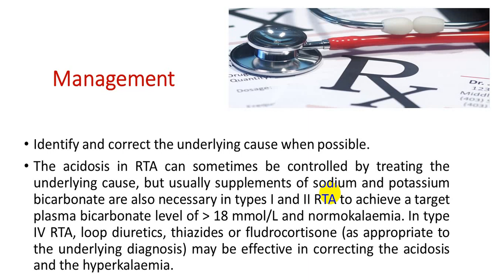In type 4 renal tubular acidosis, loop diuretics, that are potent diuretics, the thiazides or fludrocortisone, as appropriate to the underlying diagnosis, may be effective in correcting acidosis and hyperkalemia. And by the way, hyperkalemia is lethal. Hyperkalemia is risky to life. It causes death because it causes cardiac dysrhythmia. So it has to be managed as soon as possible as an emergency.